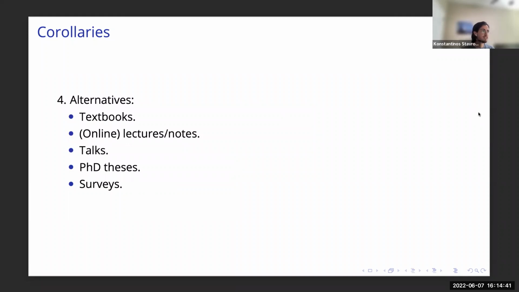And as I said, it is not always obvious that reading a paper is the best way to work, because sometimes, in particular when you want to learn about some result that is not very recent, there is a high chance that this result is explained in a more thorough and helpful way in some textbook, for example.